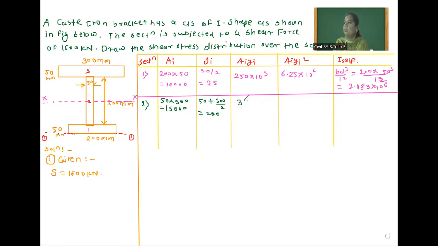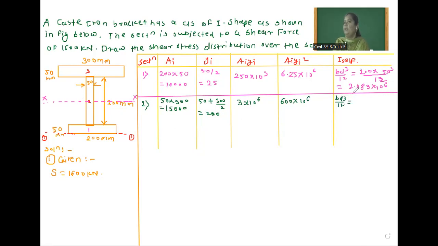3 into 10 raised to 6. After that, AIYI square, 600 into 10 raised to 6. And the last one is BD cube upon 12. Here also, this is a rectangular section.